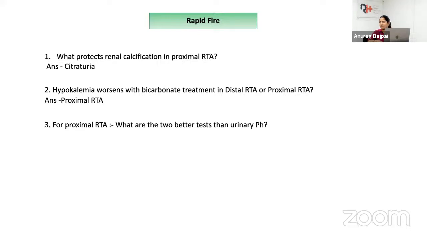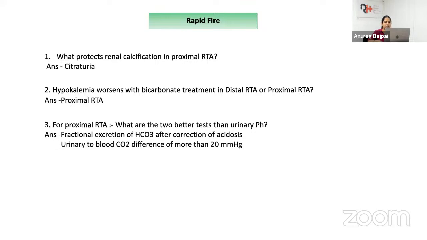To diagnose proximal RTA, which test will you prefer more? Fractional excretion of bicarbonate, only after the correction of acidosis, and the urine to blood CO2 difference of more than 20 mg.